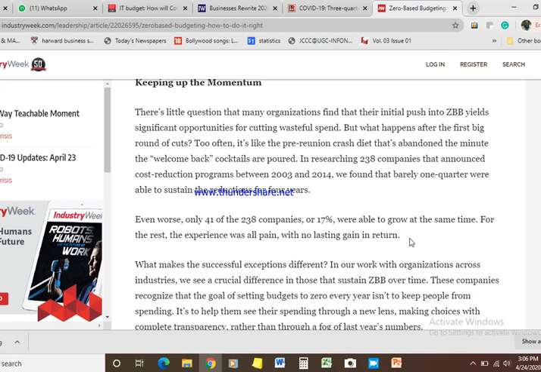Which means many a time when people start using this, they want to get the result in a faster manner, but it may not be so. Some may get the returns at a slightly later stage, but some companies may get the return in the very first year after introduction. So it's all about how best you use zero based budgeting in getting the benefits.